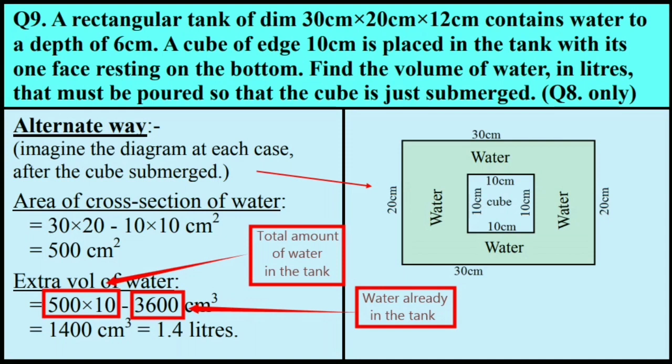Now for the total amount of water, after pouring extra water in the tank, we find that the area of cross section of water is 500 centimeters square and the height of the water is equal to the height of the cube, that is 10 centimeter, and the difference of the two is the extra amount of water added in the tank, and that is 1400 centimeter cube or 1.4 liters.